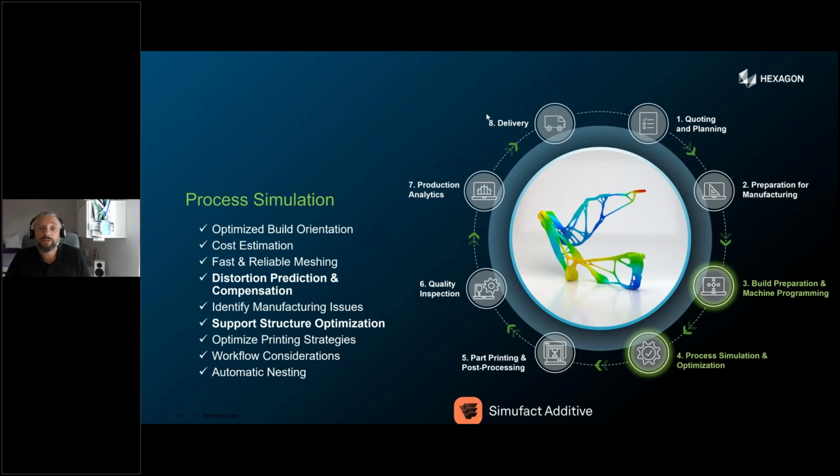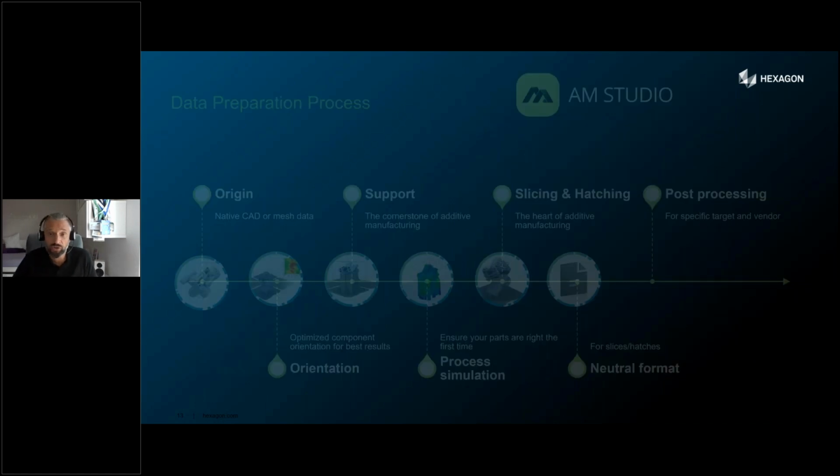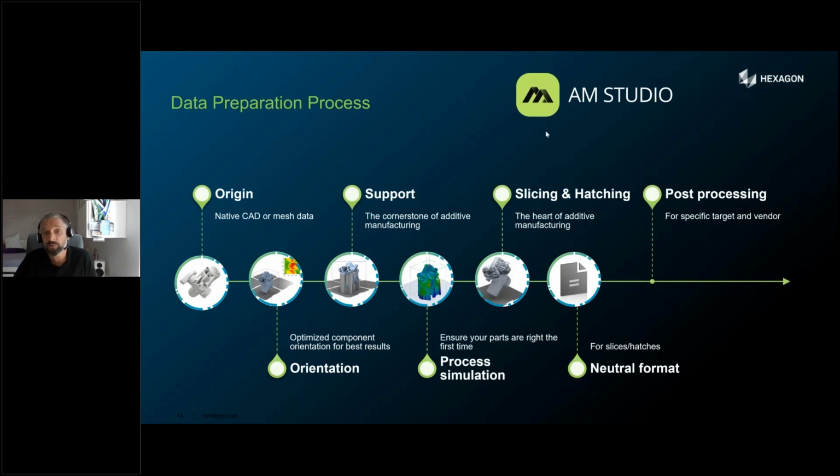Here again is another view of the workflow, what we do with AM Studio and where the process simulation sits in this process chain. We start with the import of native or STL files. We repair these files, then find the right orientation. We support the part, and then usually in the procedure or in the printer itself, it leads to strains and forces in the part.